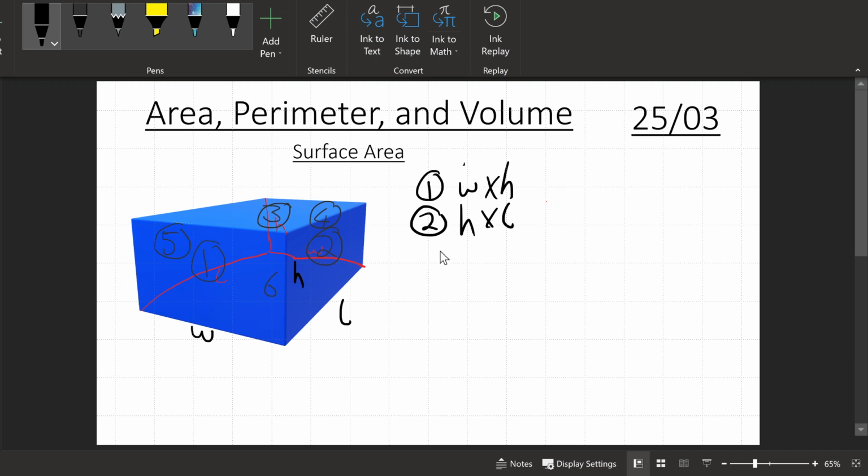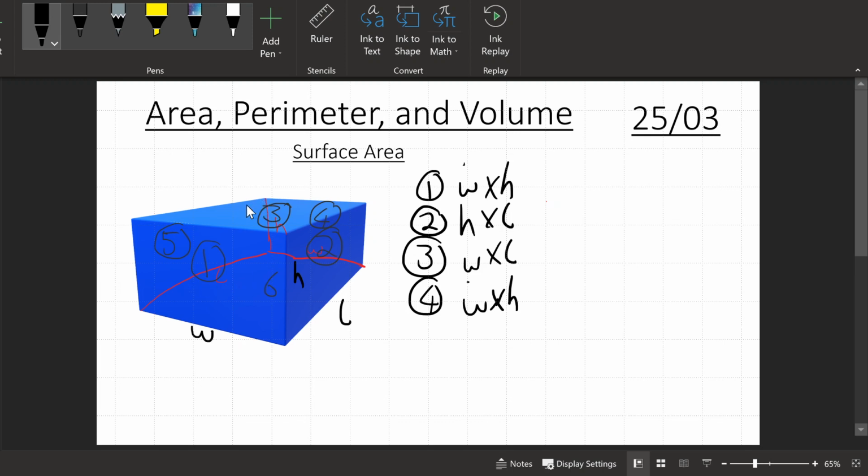Side 3 here, the top of the box, that's going to be width by length. The back side here, that's going to be height by width, or width by height in this situation. This side here, on our other side, that's going to be height by length.